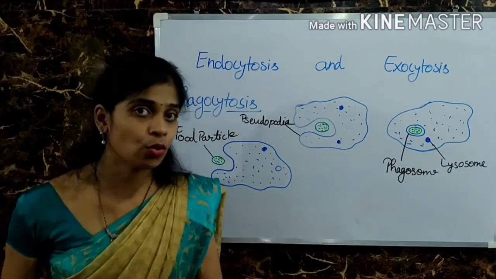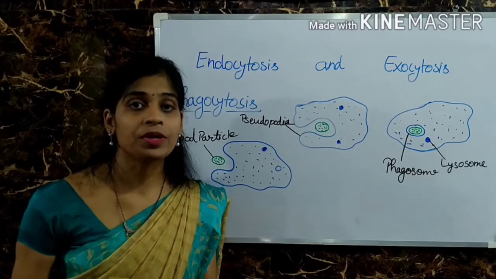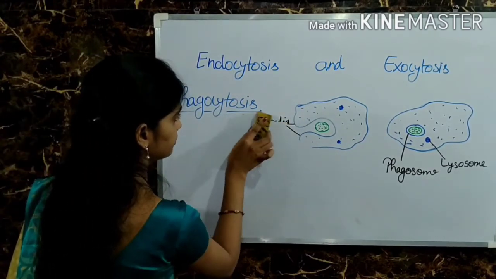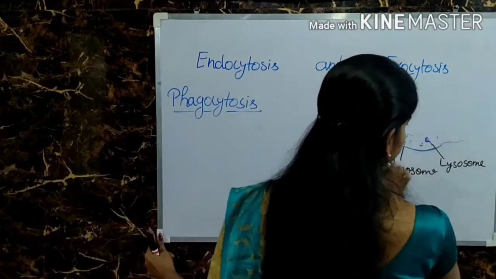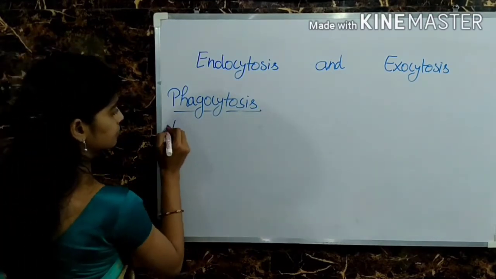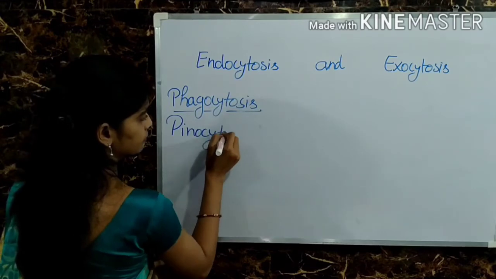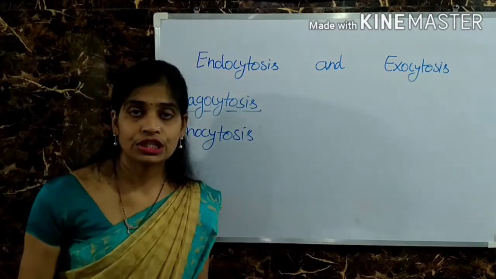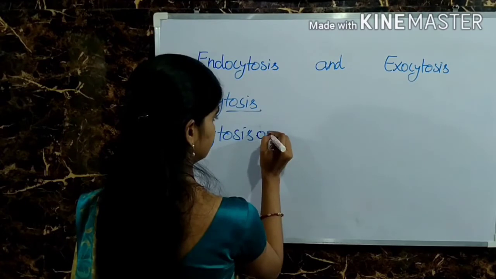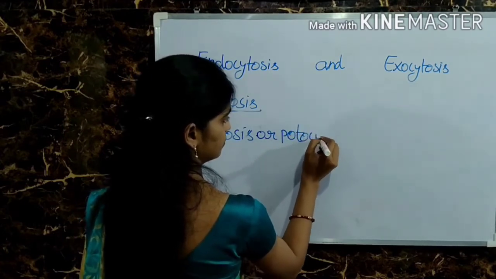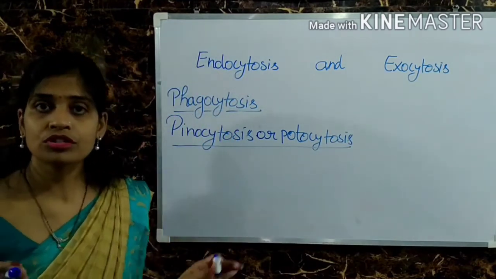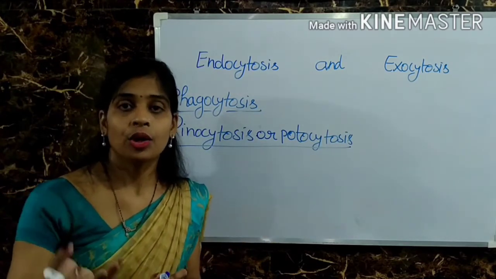Now for different types of substances, like liquid substances: when the cell takes in a liquid substance, the process is called pinocytosis. Pinocytosis is also called potocytosis. The meaning of pinocytosis and potocytosis is literally cell drinking.